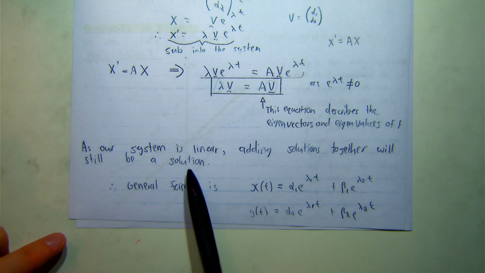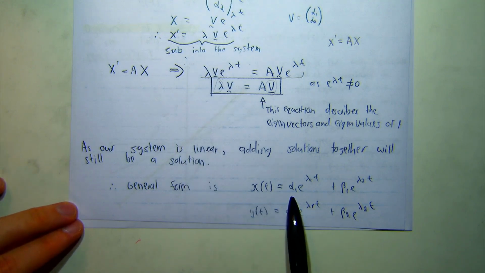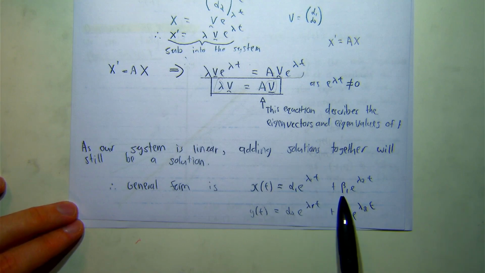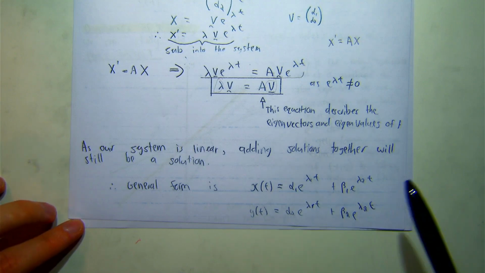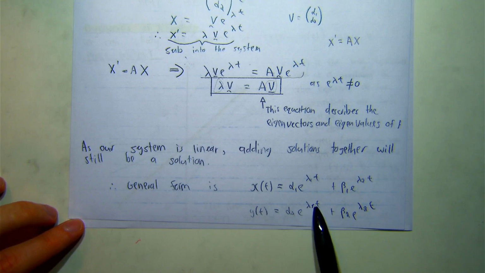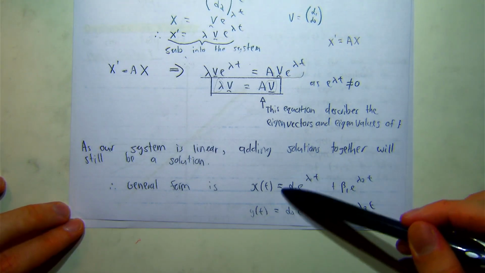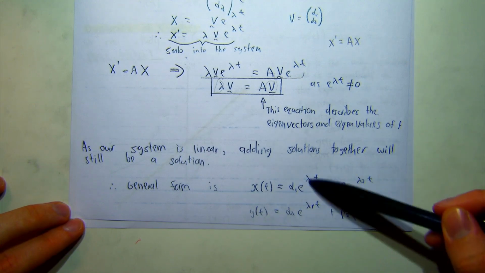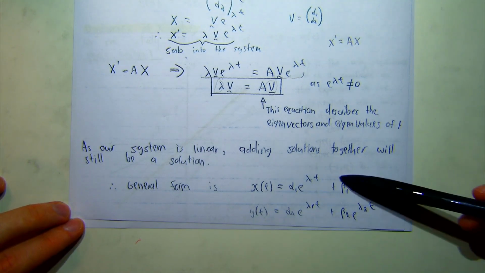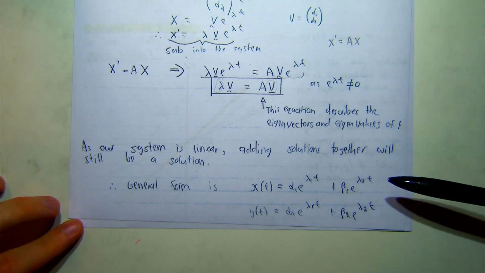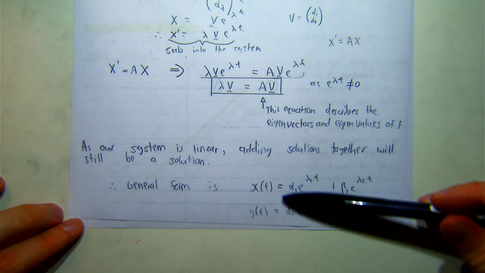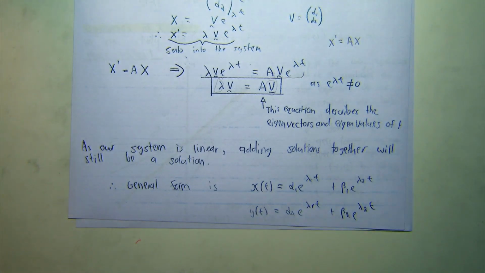So x of t is going to be equal to alpha 1 e to lambda 1 t plus beta 1 e to lambda 2 t, and then y of t is alpha 2 e to lambda 1 t plus beta 2 e to lambda 2 t, where this is the eigenvector for lambda 1, and then the other eigenvector for lambda 2. And that is our solutions to these two ODEs that are actually intimately connected to each other.